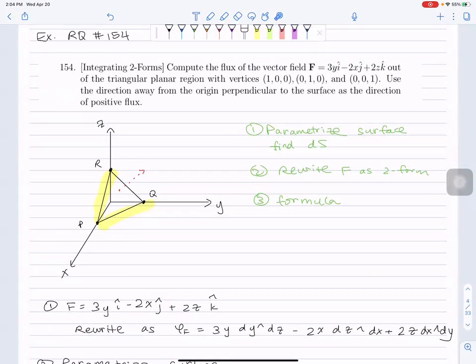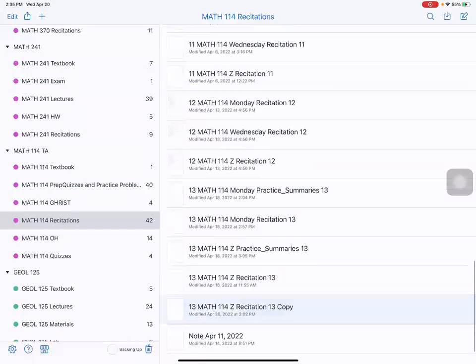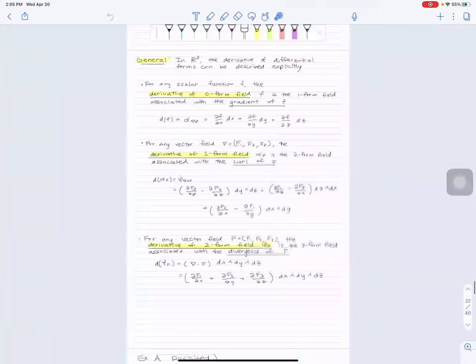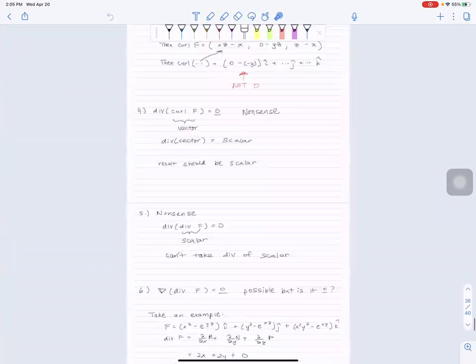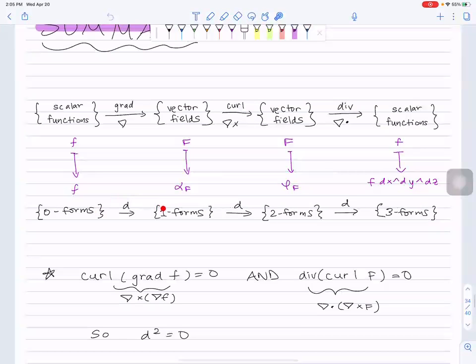So we don't define the derivative of a vector field, but we do define the curl of a vector field or the divergence of a vector field. So like you don't take derivatives of vector fields. We take derivatives of one forms.